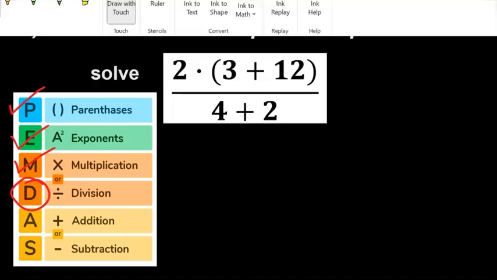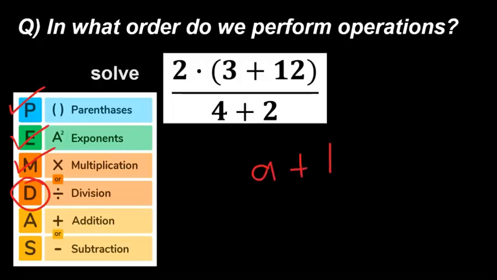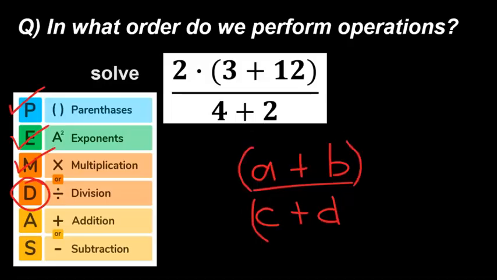If we wanted to generalize, and if you want to write this down, you can, anytime you have a fraction, and A, B, C, D are just numbers, I'm just using letters right now as numbers, you can think of this problem as having 2 brackets, and therefore you need to do the brackets first.